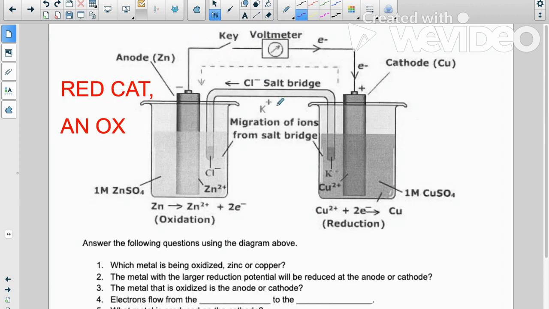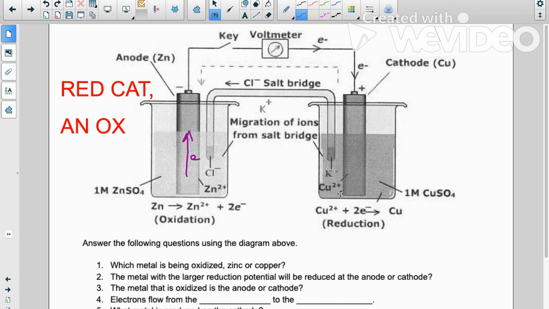And so that's what we have here in this voltaic cell diagram. Okay, so red cat and ox is a way to remember that reduction happens at the cathode. At the anode, we have oxidation. And you can see here the flow of electrons, right? The zinc gets oxidized. Electrons travel up the electrode to the wire, to the cathode.